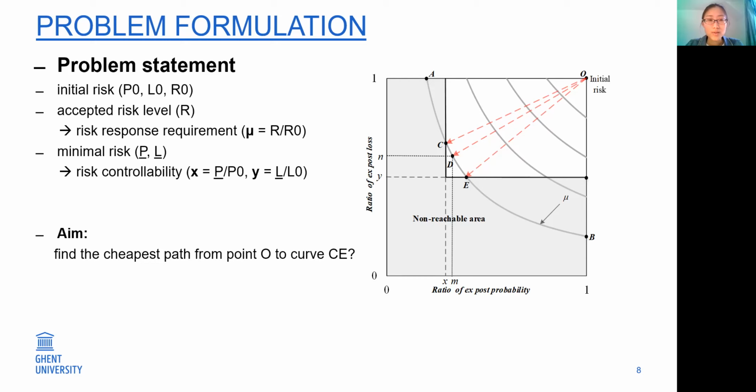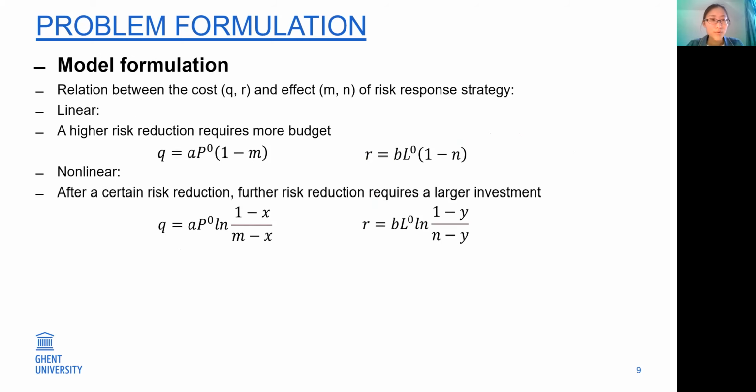To find the cheapest path from point O to the curve CE, we will develop two risk cost profiles to describe the relations between the cost and effect of each risk response strategy. These two types of functions are a linear function and a nonlinear function. The linear function is based on a common sense that if we want to achieve a higher risk reduction, we need to invest more budget.